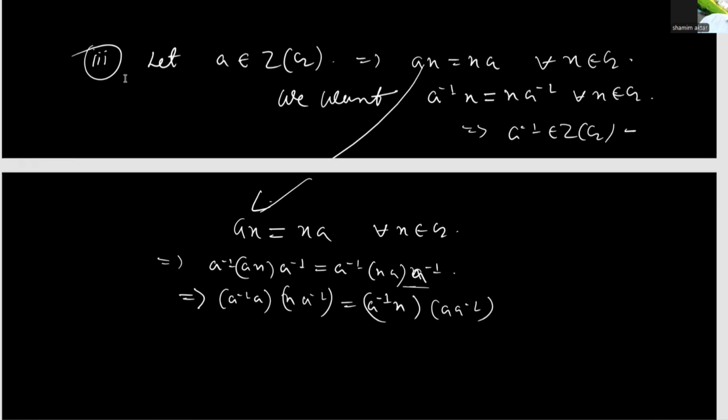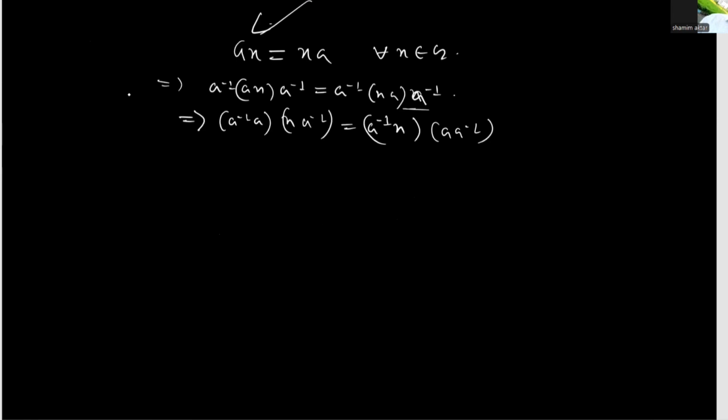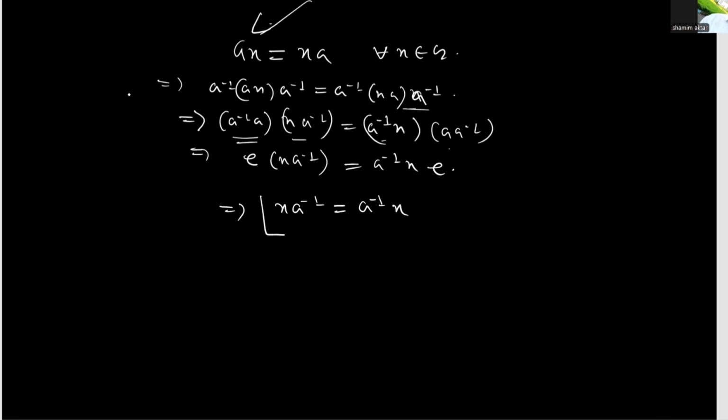Okay, and this implies this is identity and this is x a inverse, and this is also a inverse x, and this is identity. This implies x a inverse = a inverse x for all x belonging to G.